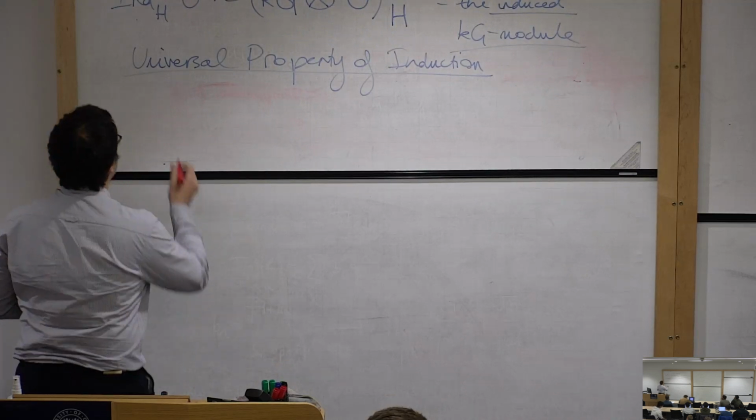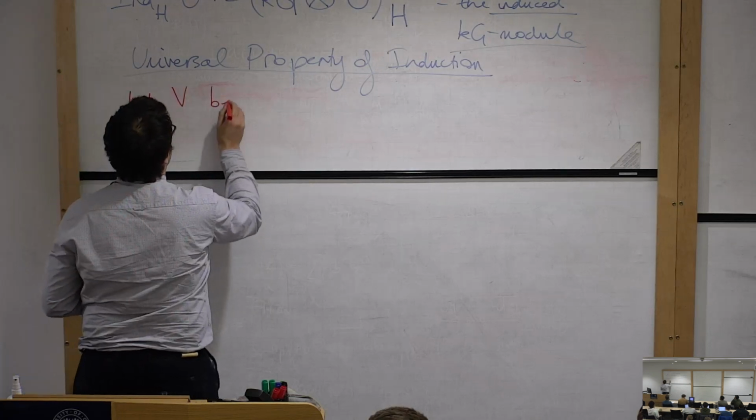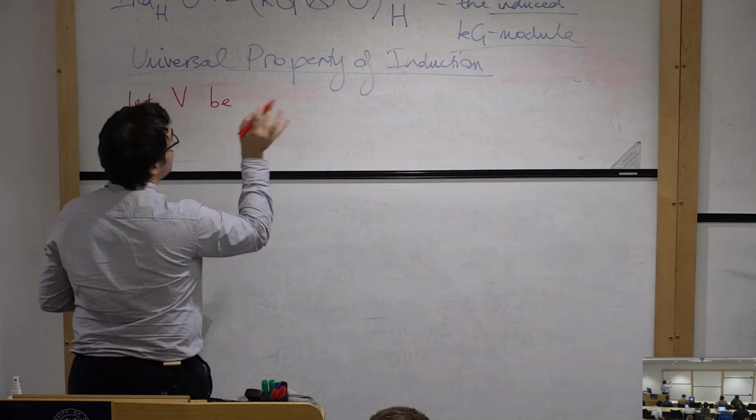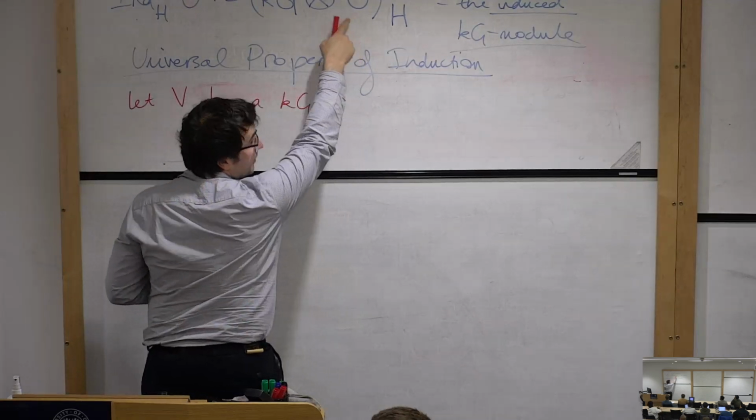So let's say that V be some random kG module, got nothing to do with U in this setup.